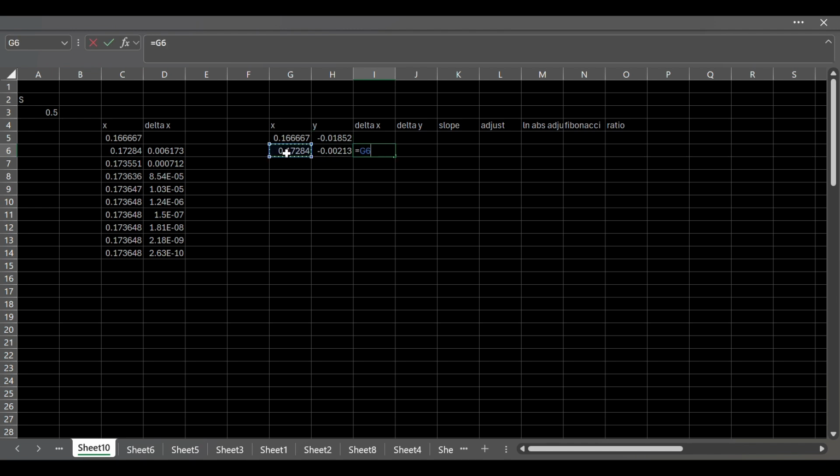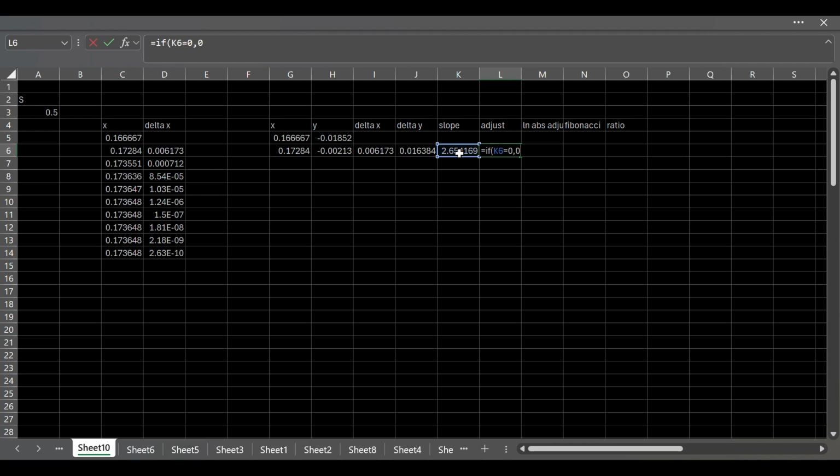So we calculate delta x and delta y, and the slope. We'll use an if statement to avoid dividing by 0. And it's the change in y divided by the change in x. And then the adjustment, we'll use an if statement to avoid divide by 0.